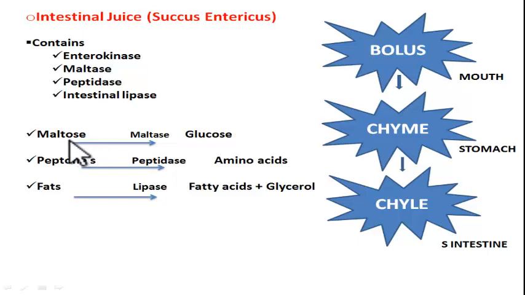By the action of maltase enzyme, those dimers are converted into single units of glucose. So that is the role of maltase. Maltase gives the finishing touch for carbohydrate digestion.